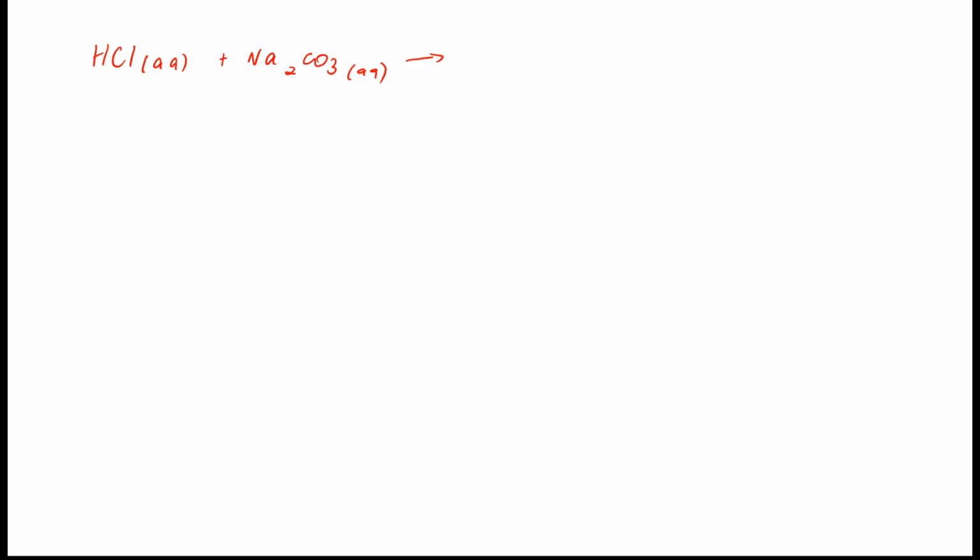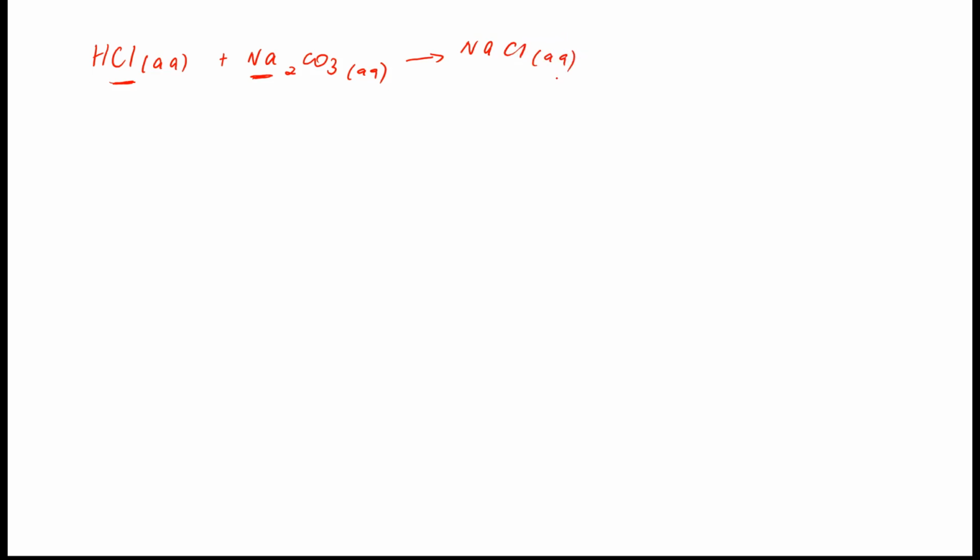Then we're going to form a salt. Our salt is going to come from the metal of our carbonate and the anion of our acid. We saw before that hydrochloric acid forms chloride salts, so in this case we are going to get NaCl, aqueous in solution.